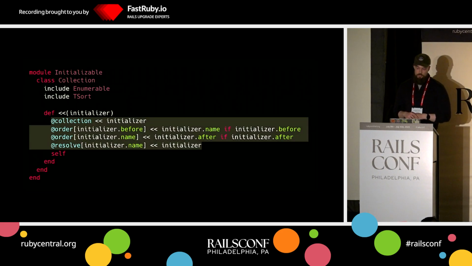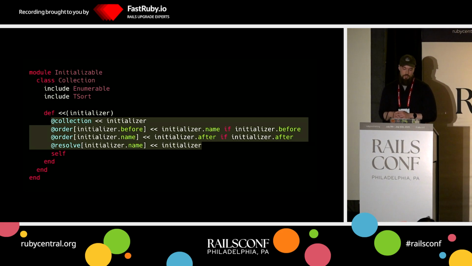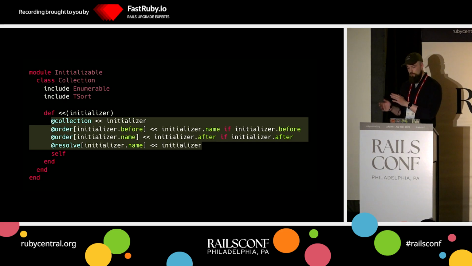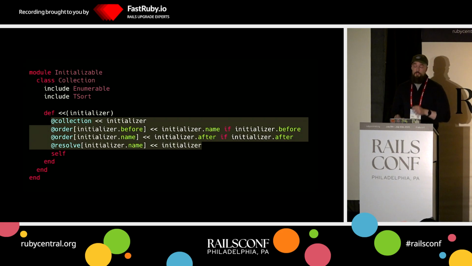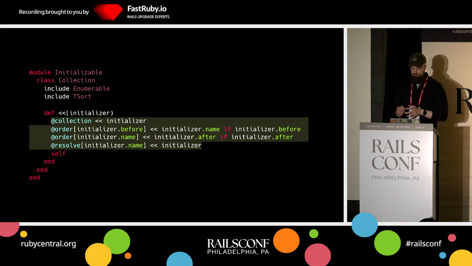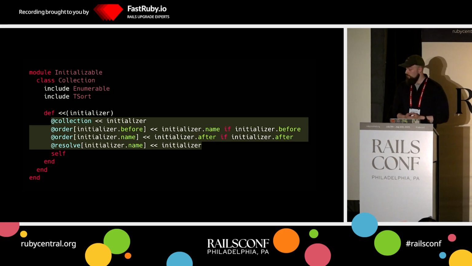We start by adding to our collection array like we did before, and then mapping the constraint to the order hash, so telling Rails if the initializer is running before or after another initializer, and then finally adding the initializer to the resolve hash. And we're using the resolve hash because an initializer name is not guaranteed to be unique, so multiple initializers can have the same name. And this implementation makes that a little bit more obvious.